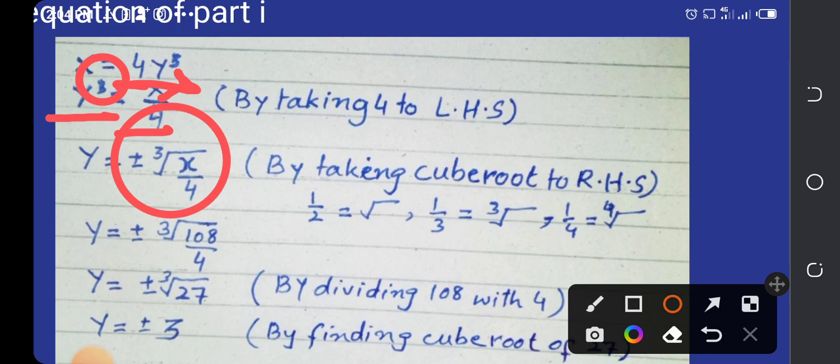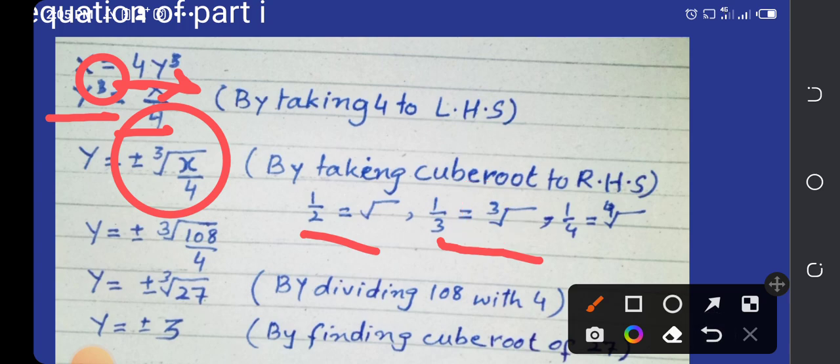You know from our previous classes that 1 upon 2 is the square root, and 1 upon 3 is the radical sign with index 3. The index is shown on the top left side of the radical.